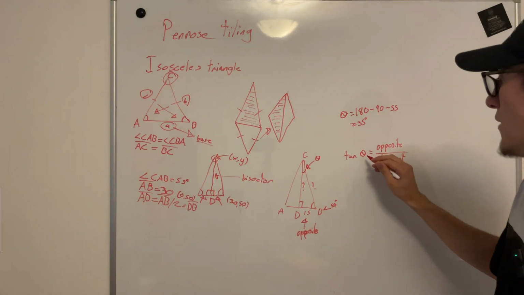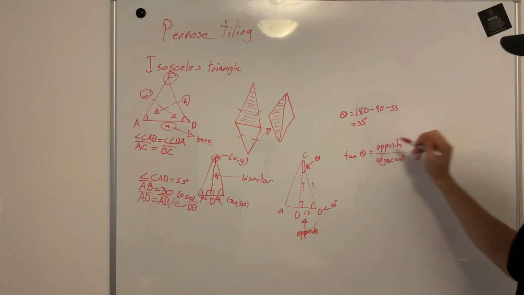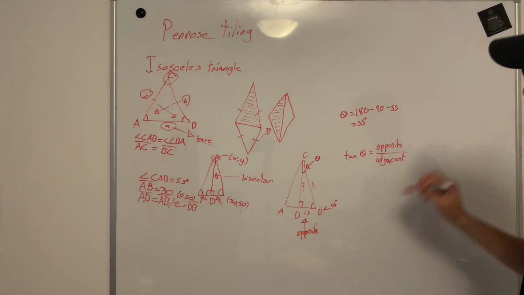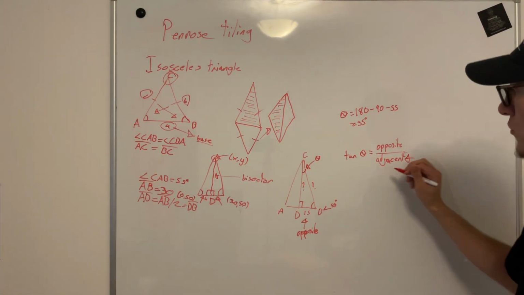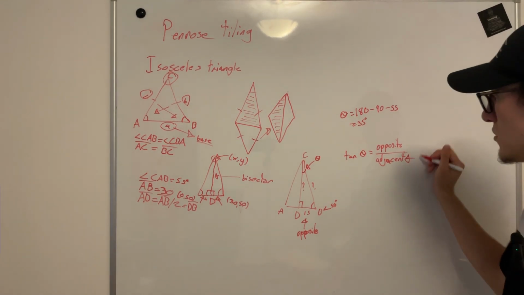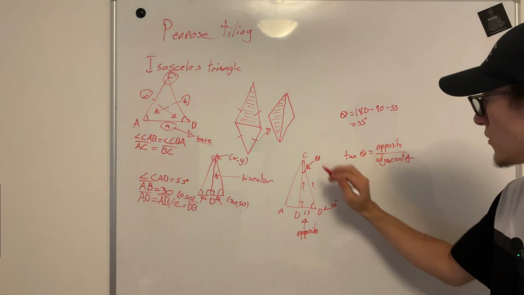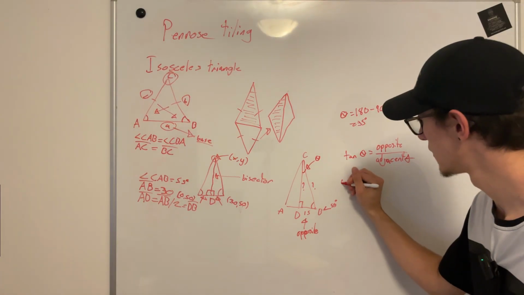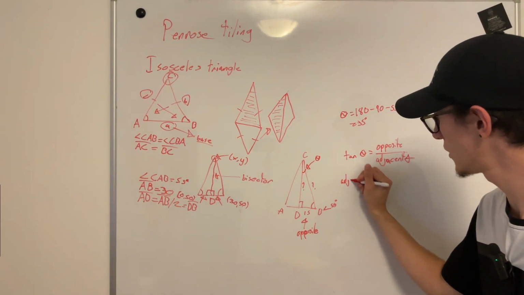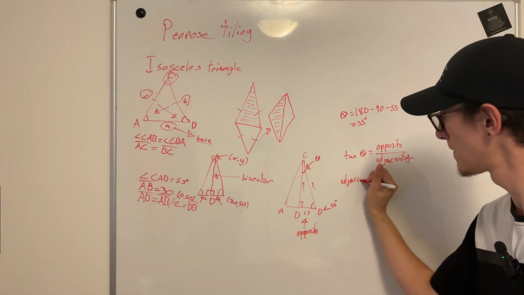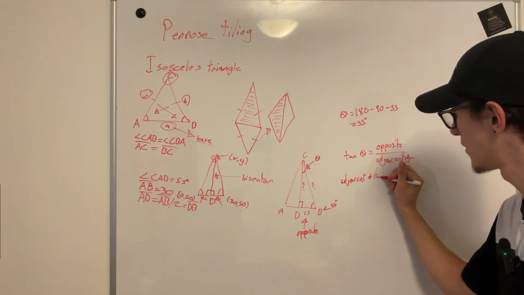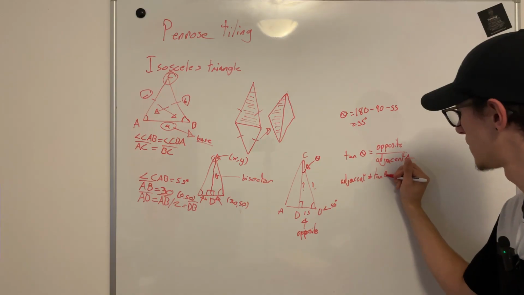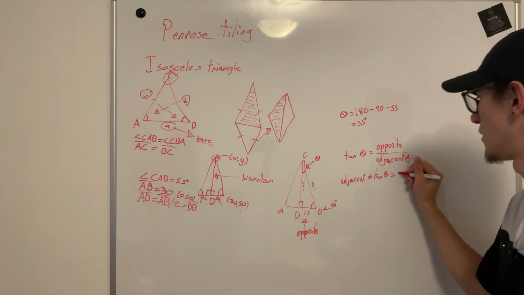So we know tan of 35 equals the opposite over the adjacent, and we want to figure out what this adjacent value is. We can just multiply by adjacent on both sides, which will move it like this: adjacent times the tan of the angle equals the opposite.